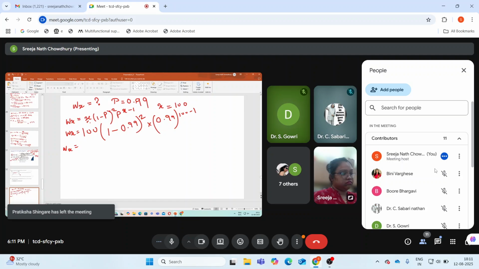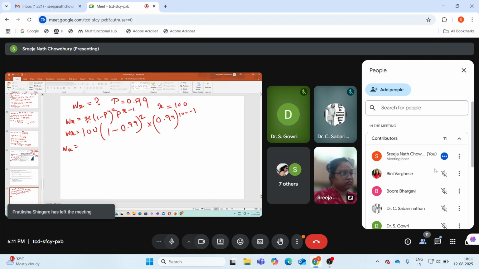Mole fraction of monomer means N1 by N. Here we need the monomer conversion percentage. So we consider the degree of polymerization to be 1 and the extent of reaction P equal to 0.99.